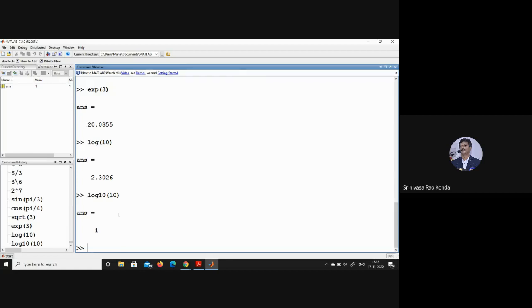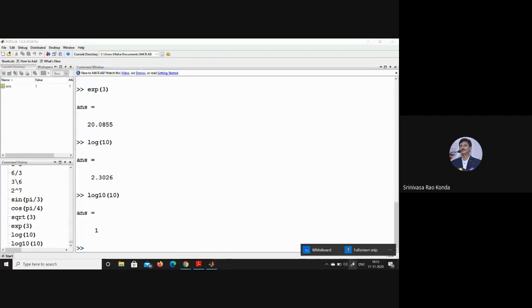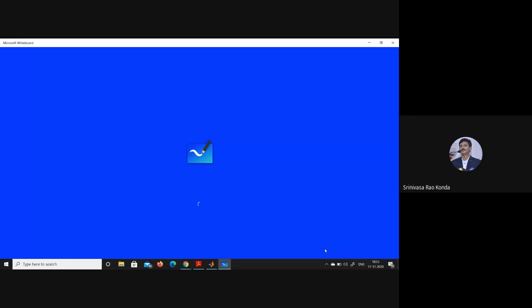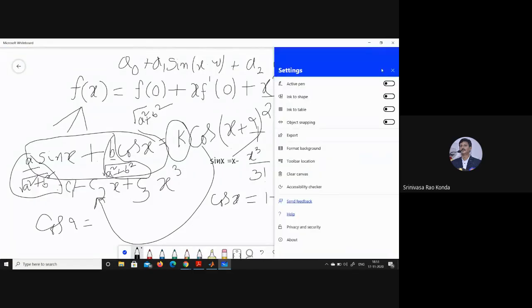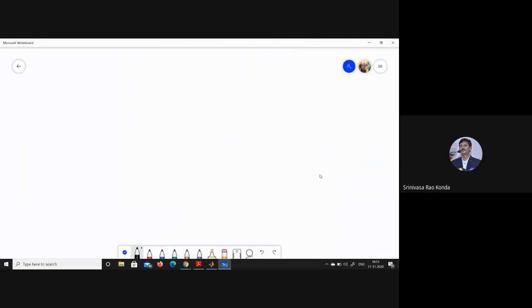Now I would like to ask one question. How to find the value of sine square pi by 3 using MATLAB? Any idea? I want to find the value of sine square pi by 3 using MATLAB.